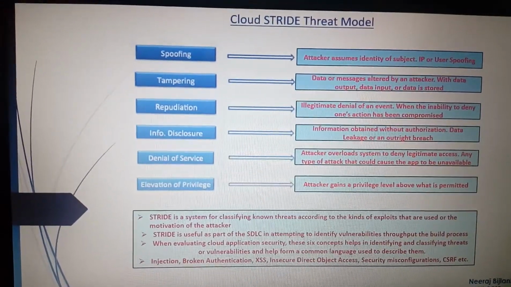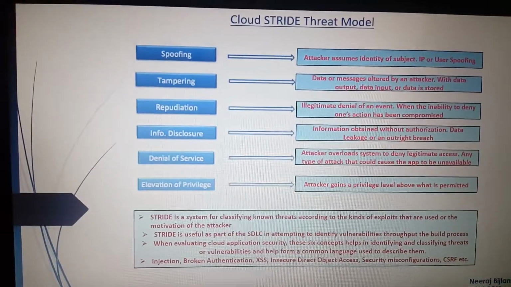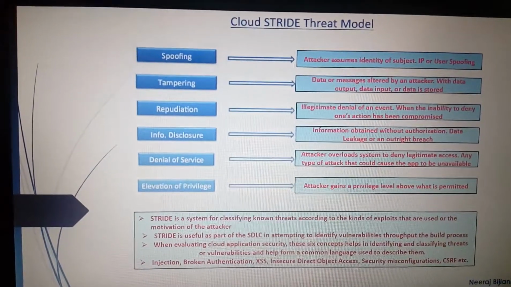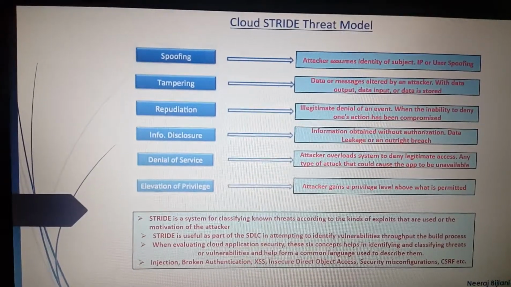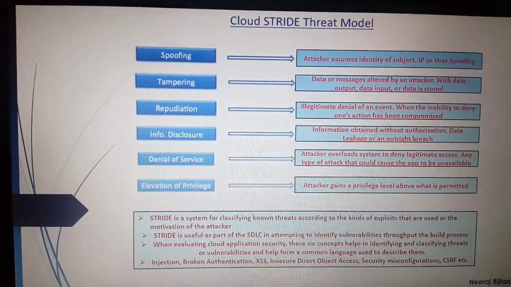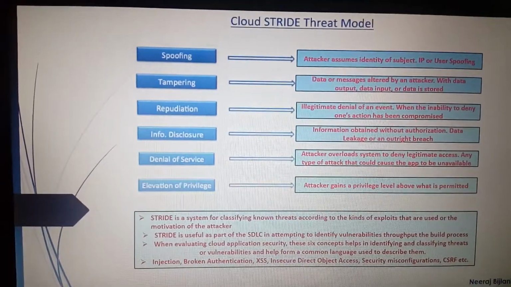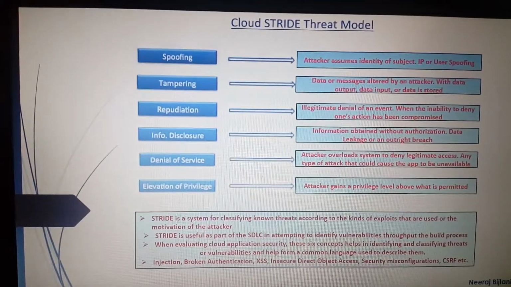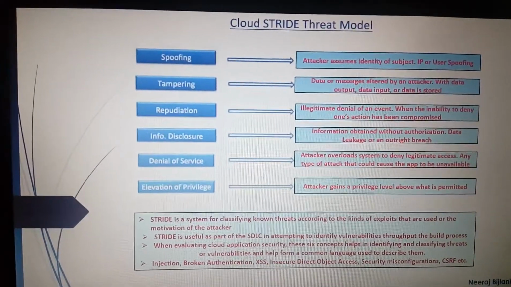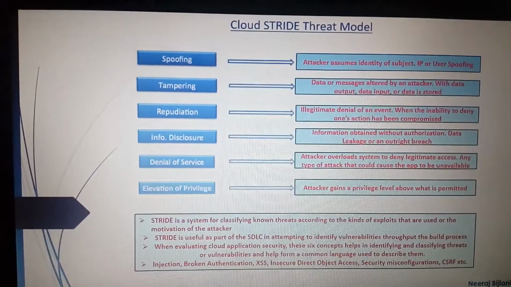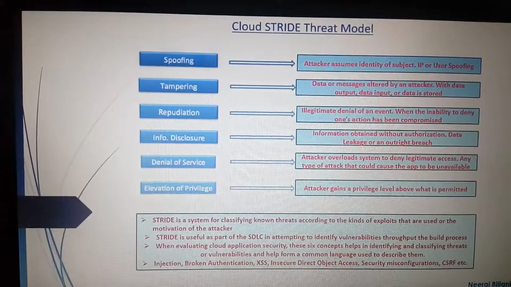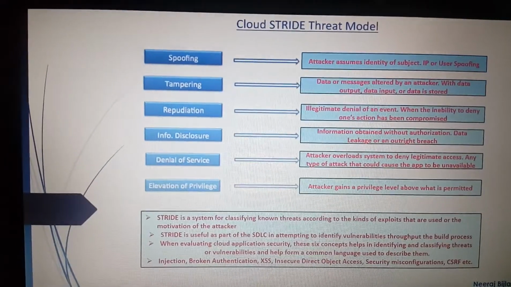This will ensure that the application being developed in the cloud environment is completely hardened, with very minimal exploits for the motivation of the attackers, right? So STRIDE is a system for classifying known threats according to the kinds of exploits that are used or the motivation for the attacker.